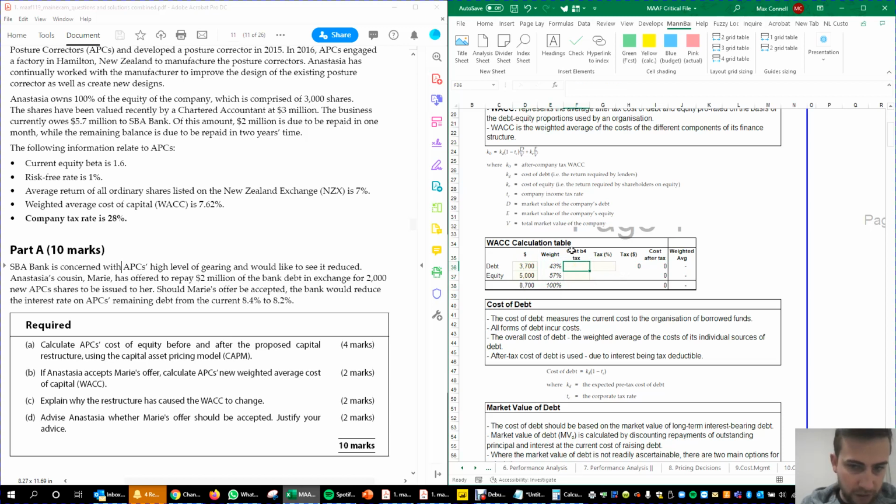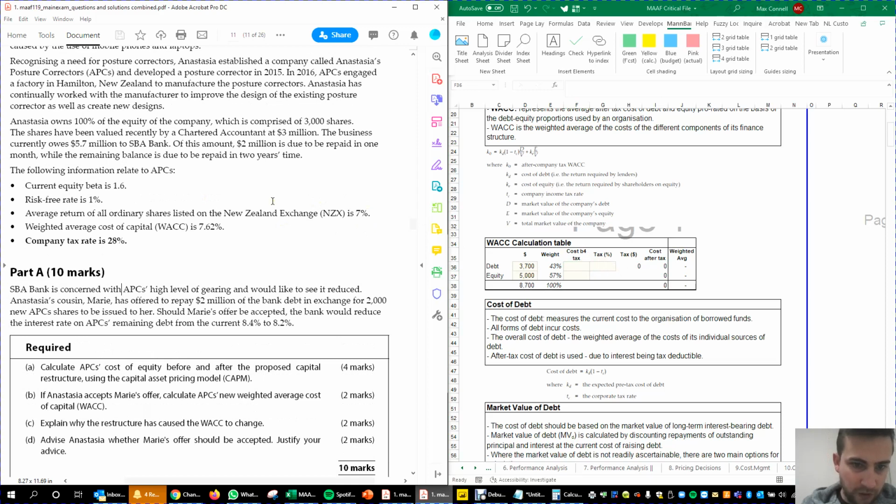Next is the cost before tax, and that's basically the rate of return. For the debt, we can see in the question that the bank would reduce the interest rate from 8.4% to 8.2%. So this number here is going to be 8.2.